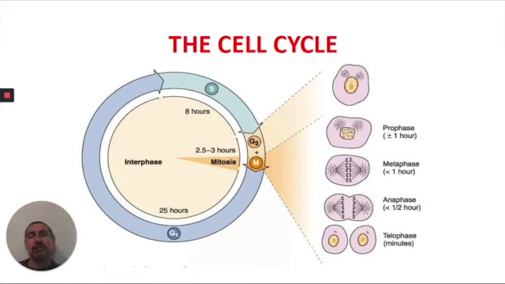So you can remember metaphase, middle. Anaphase, the chromosomes start moving toward opposite sides. Anaphase, away. And then telophase, we've got two new nuclei. So think of the word two.